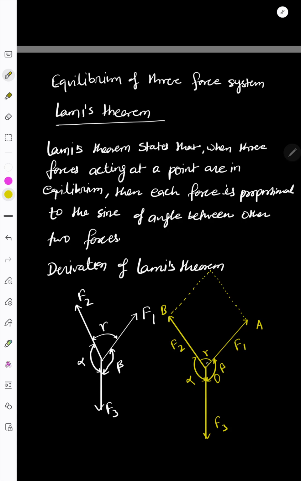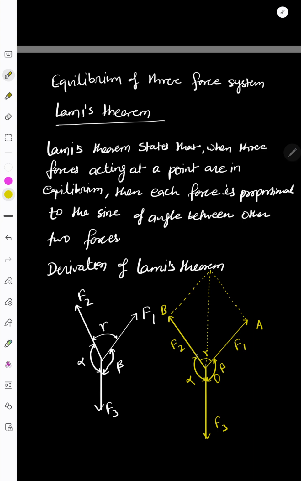Here we will extend F3 to make a diagonal of this parallelogram. This diagonal is equal to F3, because these forces are in equilibrium, so that condition needs to be followed.